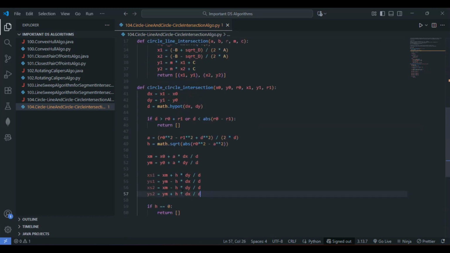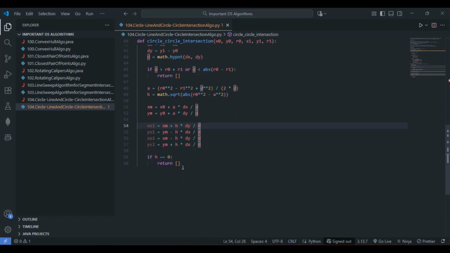The same thing we have done here, which I didn't explain. Here we have to return the tangent circles, with variable names xs1 and xs2, so I'll just pass xs1 comma ys1.